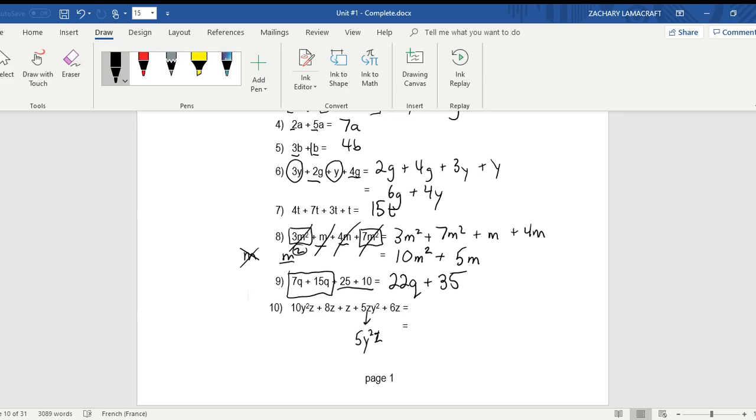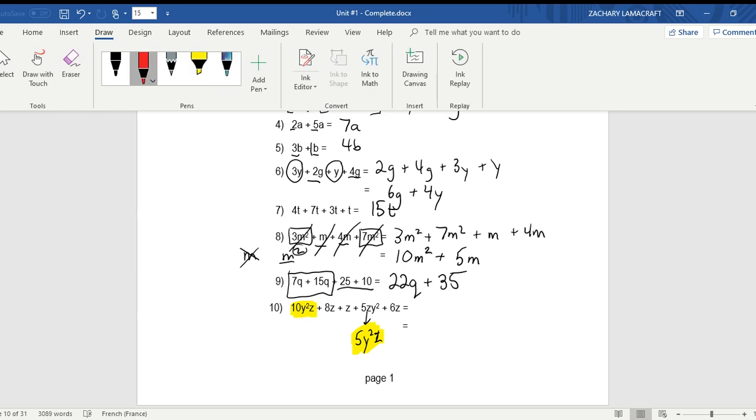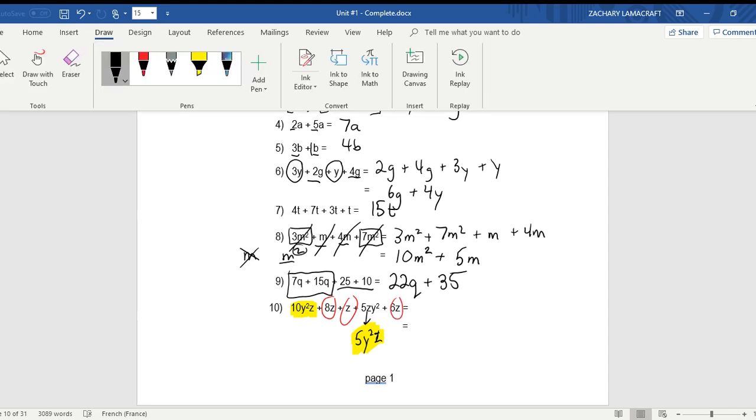And when we do that, we can actually see that we have some like terms. So we have that 5y squared z, the 10y squared z. We also see that we have the 8z, the z, and the 6z. So we can just go ahead and put those together.